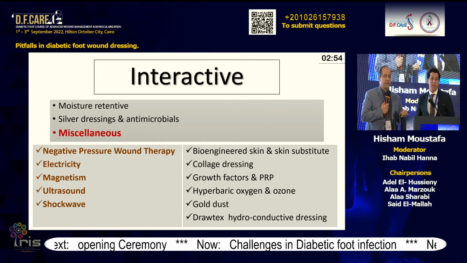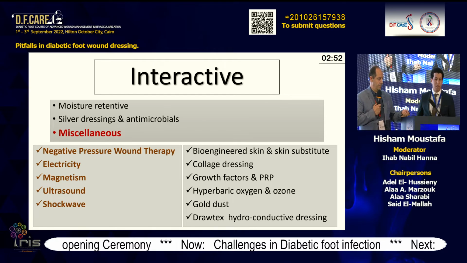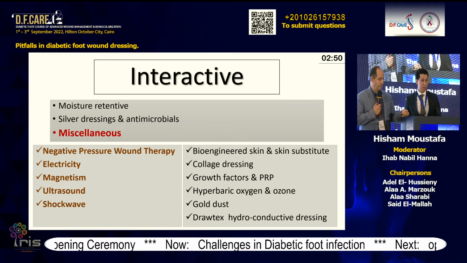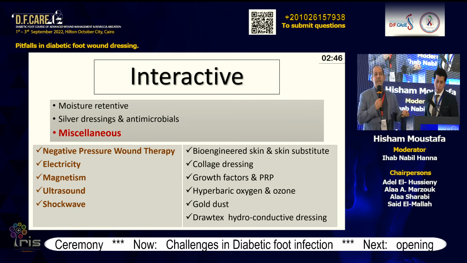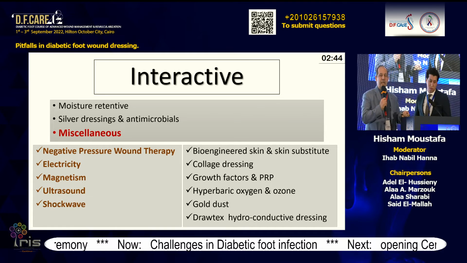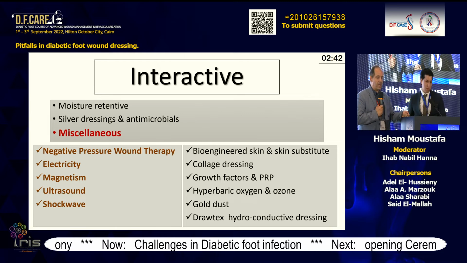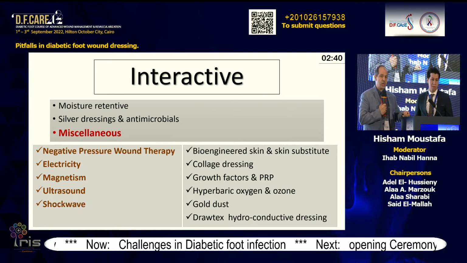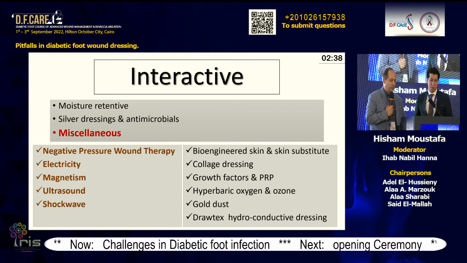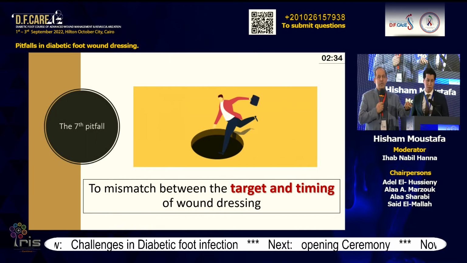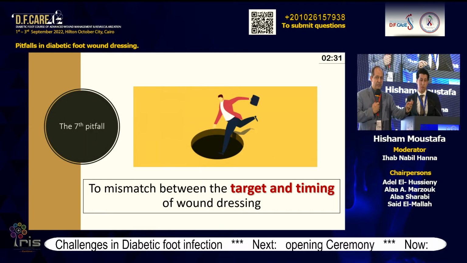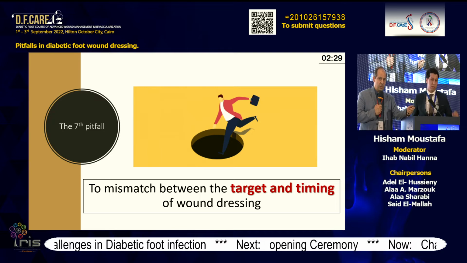And we have miscellaneous interactive materials like negative pressure wound therapy, electricity, magnetism, ultrasound, and shock waves. These act on the physical environment of the wound. On the other hand, we have materials which act on the biological environment of the wound, like collagen, bioengineered skin substitutes, and growth factors.